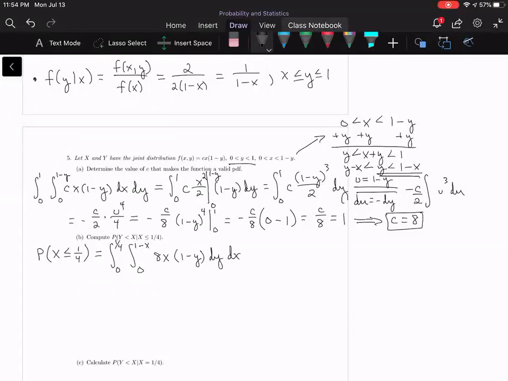For example, integrating with respect to y, that 8x I could pull out of that first integral. It's not a required step, but it happens to work out in this one. So I've got 8x, and then the integral of 1 minus y is y minus 1/2 y squared, which we are evaluating from 0 to 1 minus x.